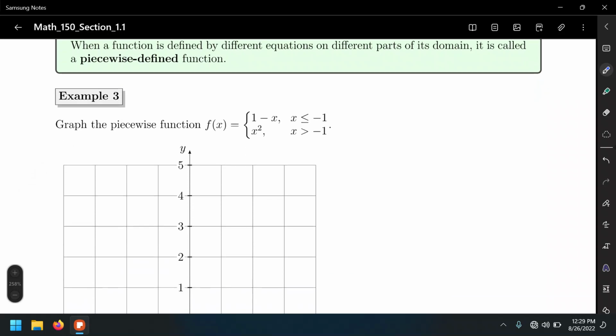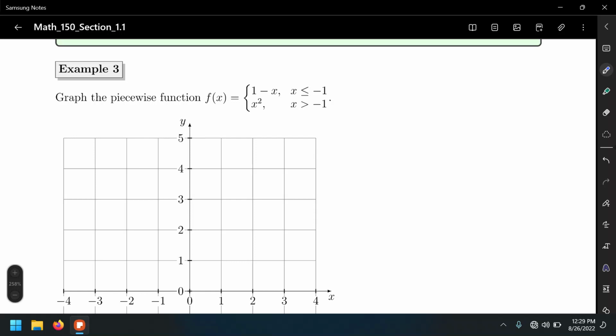For example, they're asking us to graph this piecewise function: 1 minus x, which is a linear function with a negative slope, and x squared, which is an opening up parabola, the very parent parabola graph, right?